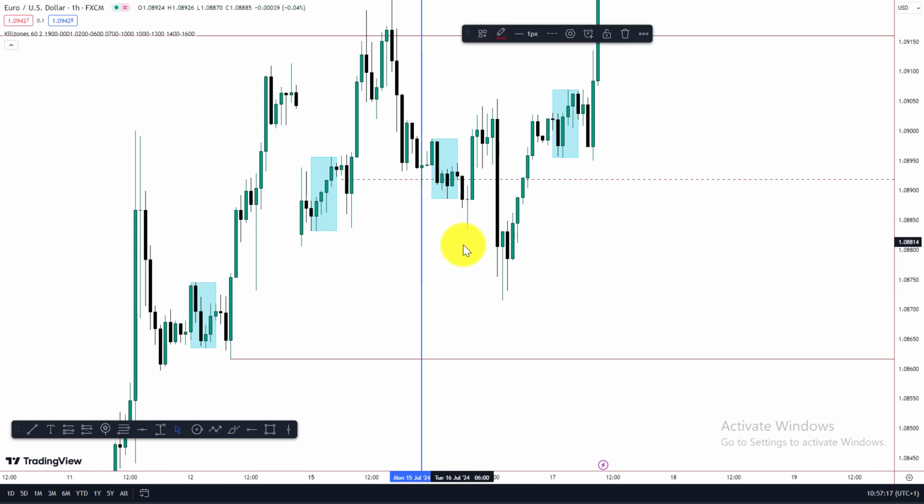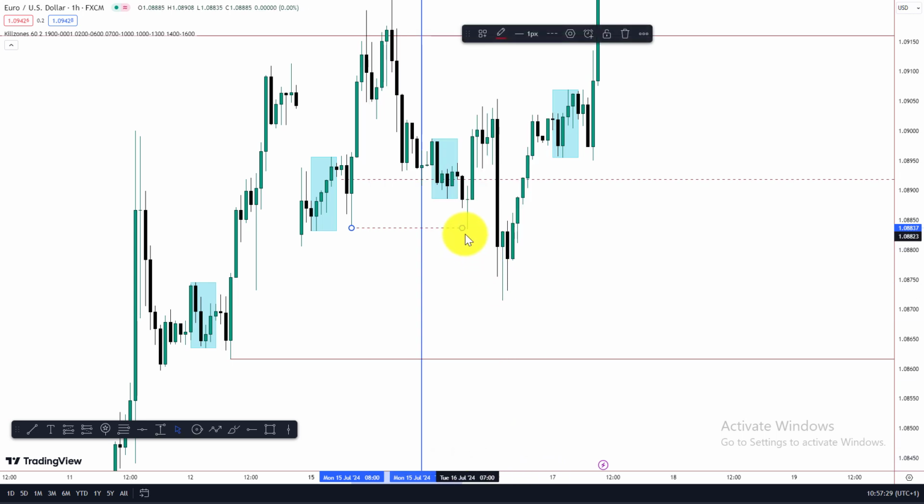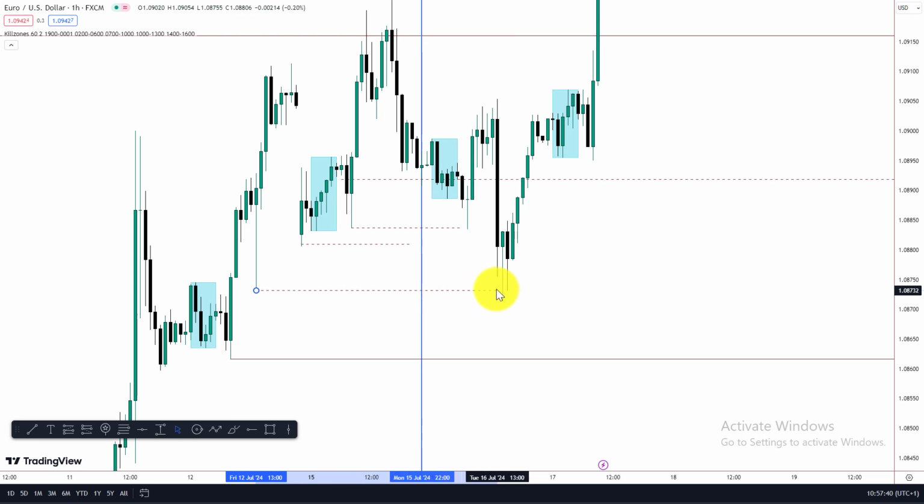The low here, let me outline them: the low here, this one right here, this one right here, and this one right here. These three consecutive lows are already telling us that that is the draw on liquidity, because we see a fair value gap and a bullish order block residing right below all of these lows. So this will be the target, and that's what I'm looking at.